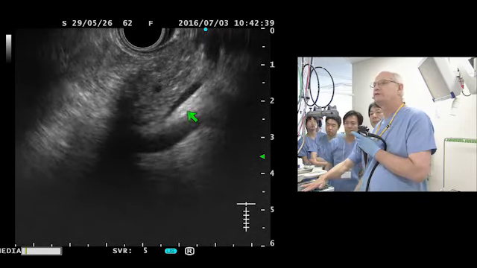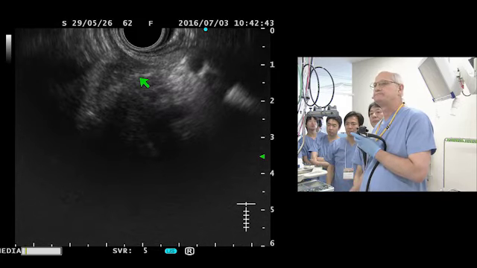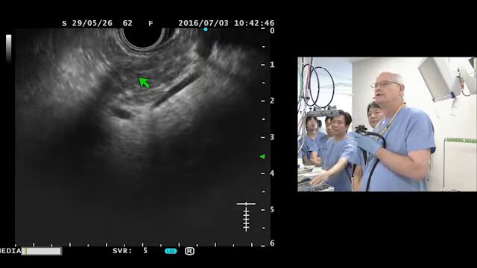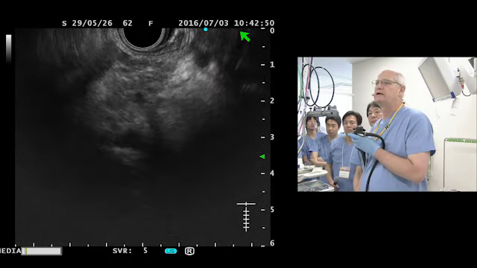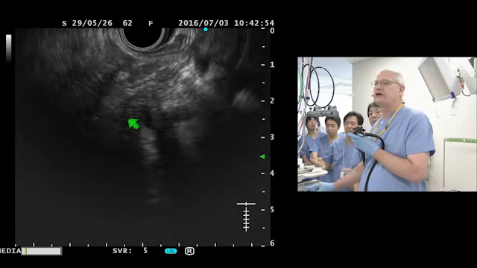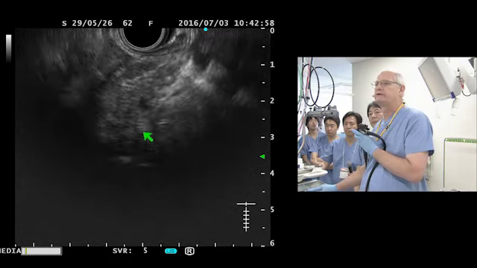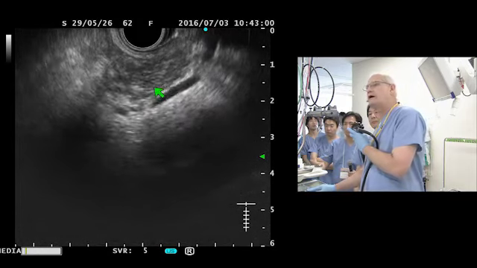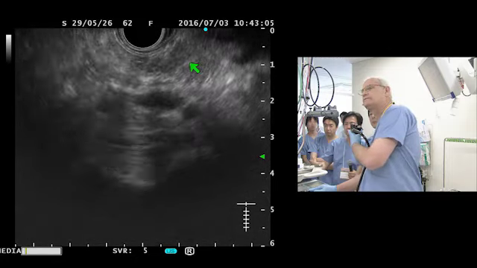So the pancreas is right here underneath the transducer. So now I have the pancreas in very good view. If I torque counterclockwise, then I will follow the genu of the pancreas. So it heads down now toward the head of the pancreas. If I torque clockwise, then I will go toward the tail of the pancreas.